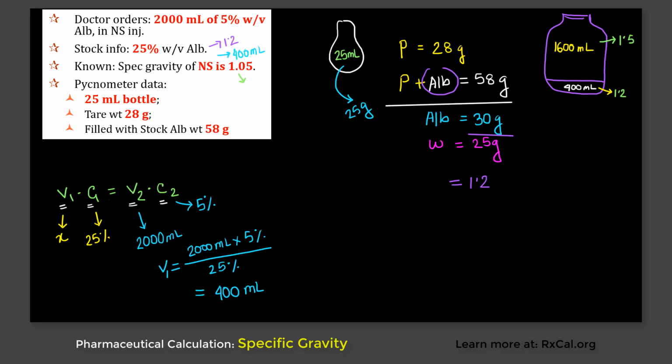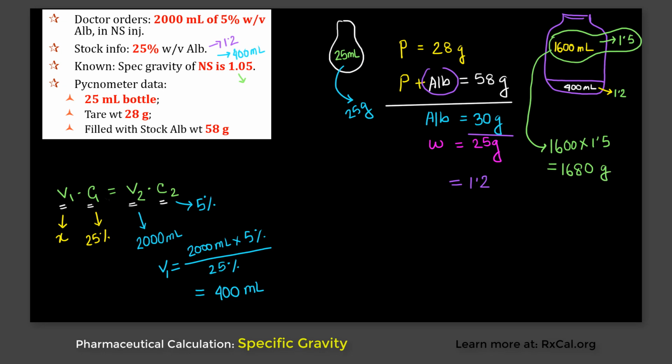So if you multiply the volume expressed in milliliter with the specific gravity, you should be able to get the weight. So the weight of this top part is going to be, let me draw in here, 1600 times 1.5, which will be 1680 grams.